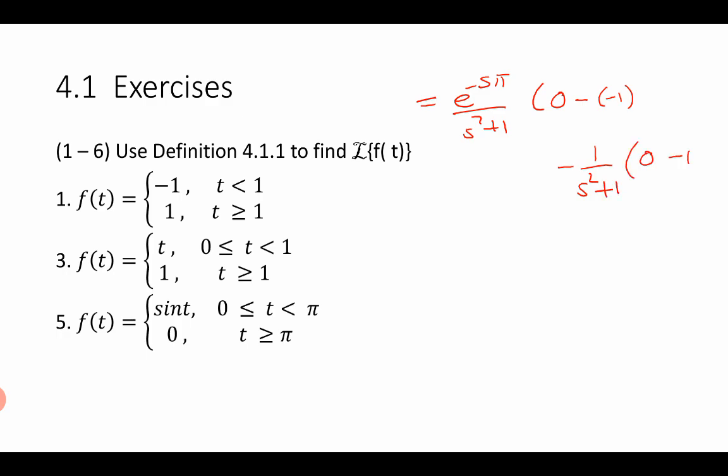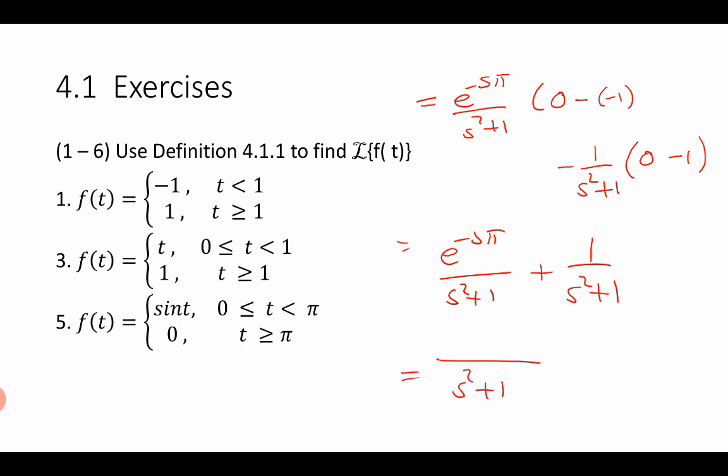So we get here e raised to minus s pi divided by s square plus 1, the first term. The second term will be plus 1 over s square plus 1. That's the answer. The common denominator can be written s square plus 1, in the numerator e raised to minus s pi plus 1. Here the condition is s is greater than 1.